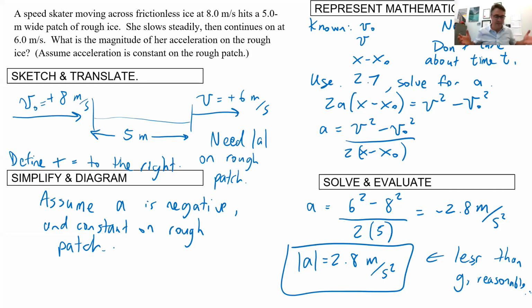Yeah, exactly. I think if it had just said what is the acceleration on the rough ice, then I would have put negative 2.8 meters per second squared because I defined positive being to the right. But it specifically said in the question, what is the magnitude of her acceleration? So that's why I took the absolute value. All right, good point. Cool. Okay.